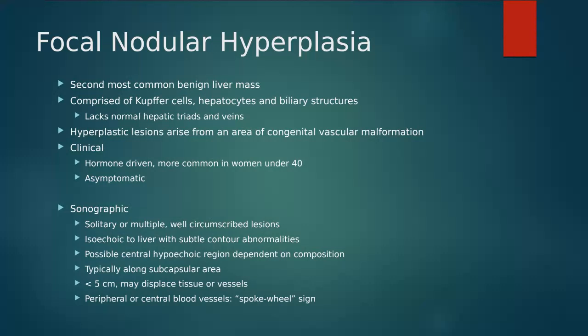Next, we have our focal nodular hyperplasia. This is going to be the second most common benign liver mass. This mass is made up of Kupffer cells, hepatocytes, and biliary structures. So kind of like the very primitive makeup of the liver. All of those cells are going to congregate in this one type of mass.